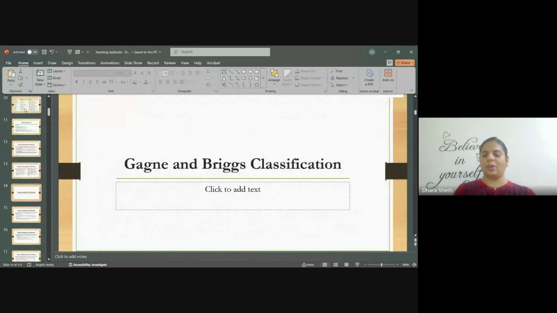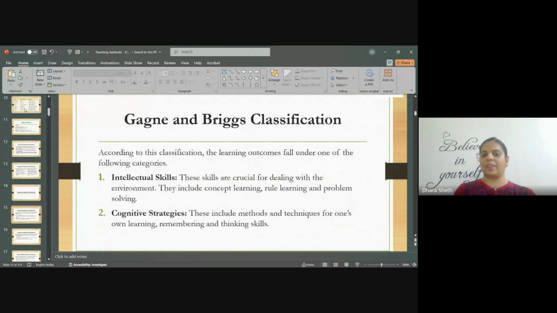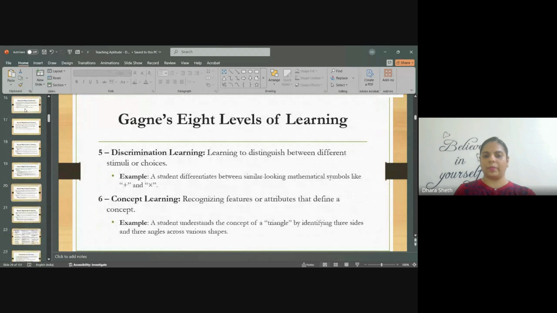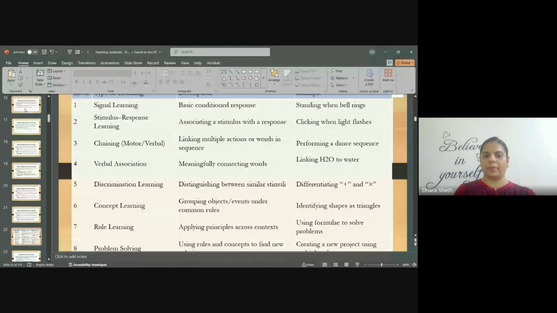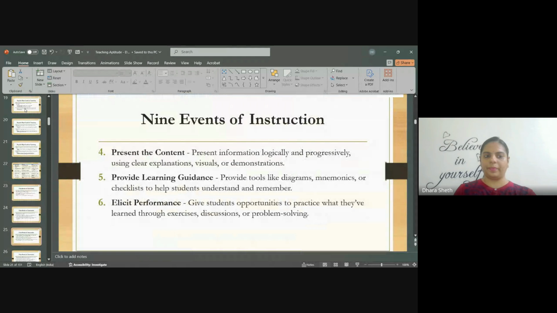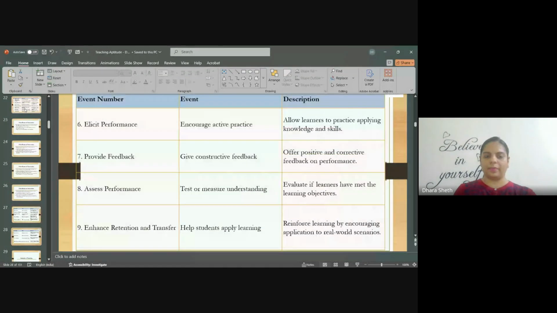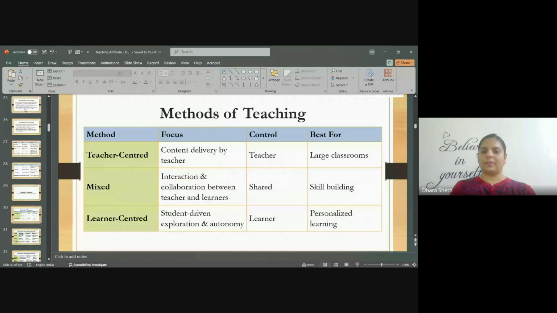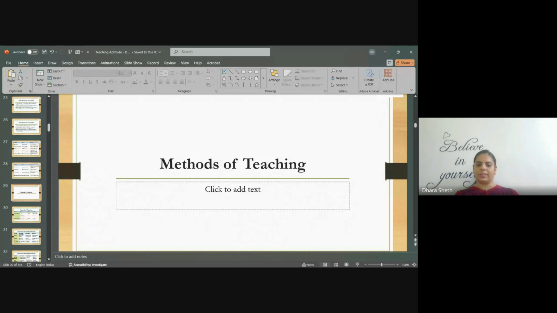And then we talked about Gardner-Graphics classification again. Then we started methods of teaching.